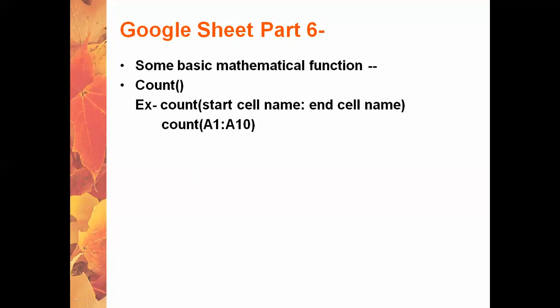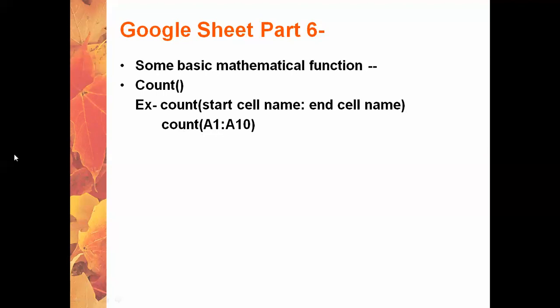Now the example is like this: count, and we know how to name a cell. A cell name starts with a column letter and ends with a row number.